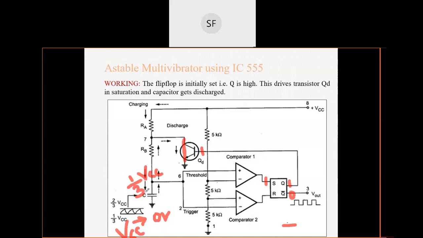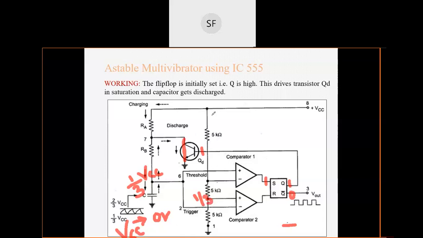Now what will happen? As soon as the voltage across capacitor becomes slightly less than 1 by 3 VCC, then this voltage across capacitor is nothing but trigger voltage as well. So that means this trigger voltage will also be less than 1 by 3 VCC. Now we know that this point is nothing but 1 by 3 VCC.